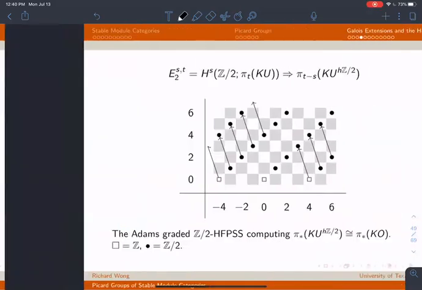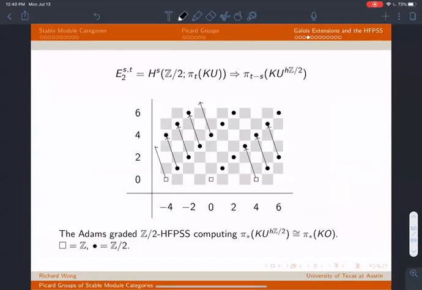Okay, so let's do some computations now. This picture is a picture of the Z mod 2 homotopy fixed point spectral sequence. And what we're doing right now is computing the homotopy groups of the Z mod 2 homotopy fixed points of KU.